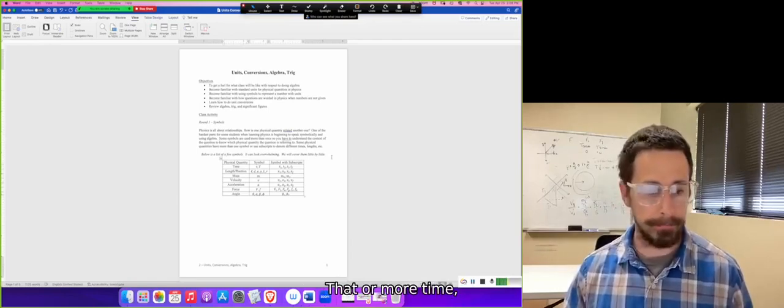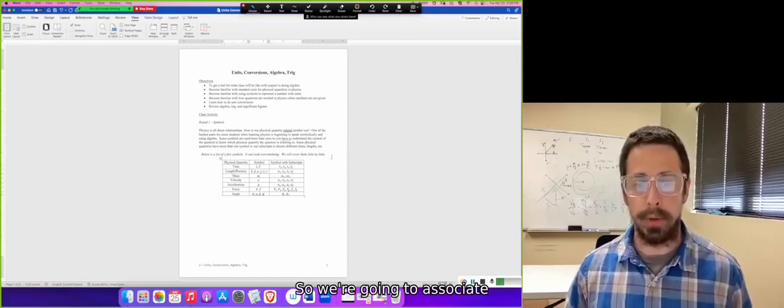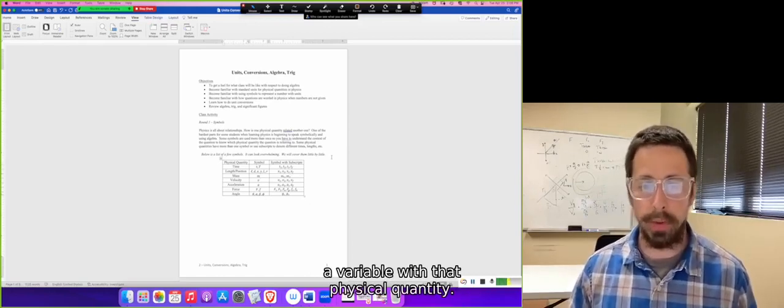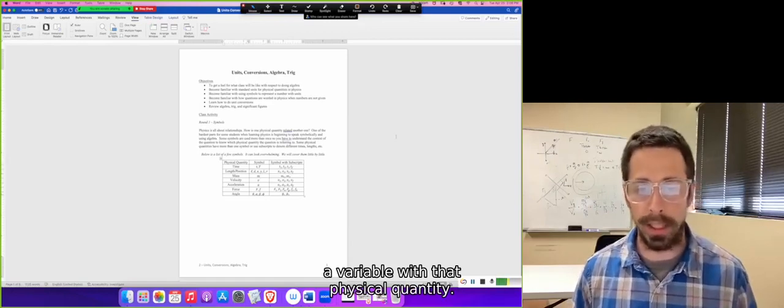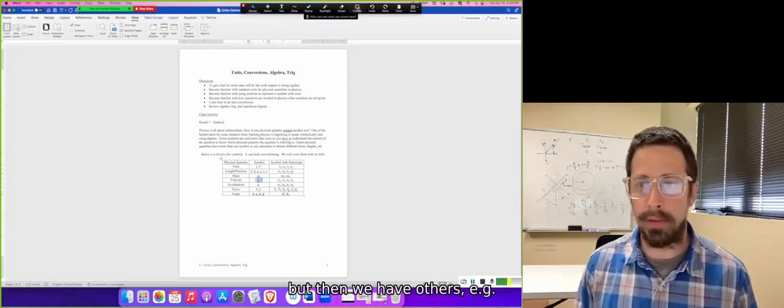Or time big T, or mass m, right? So we're going to associate a variable with that physical quantity. Now, some are pretty straightforward. Mass is m, velocity is v, but then we have others.